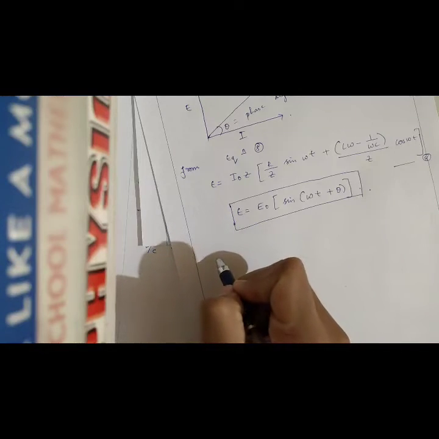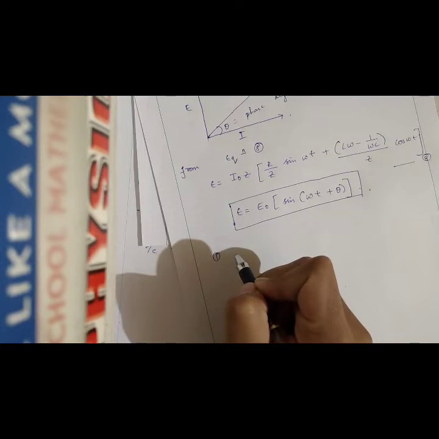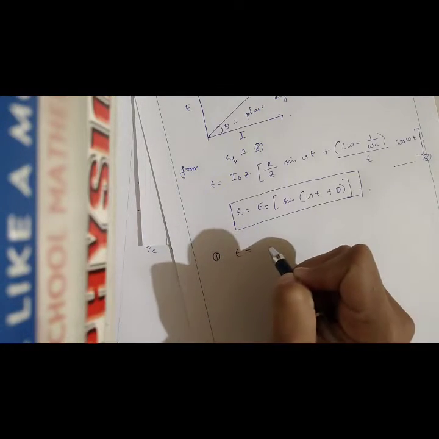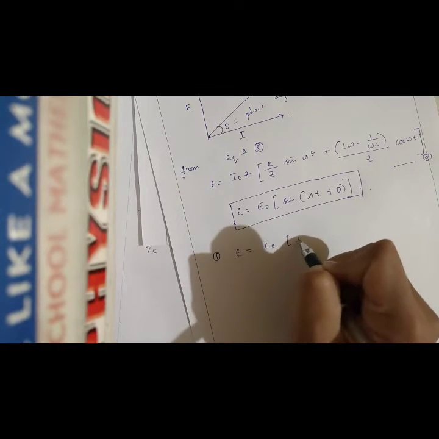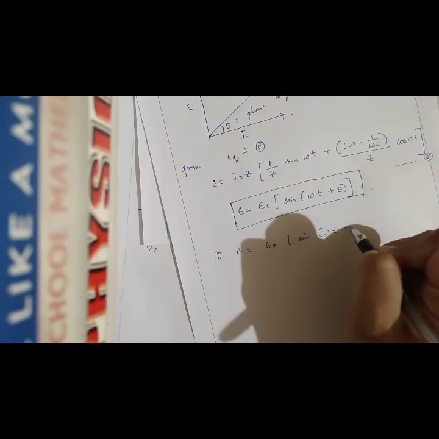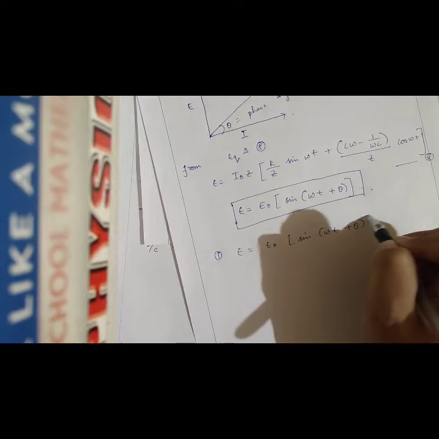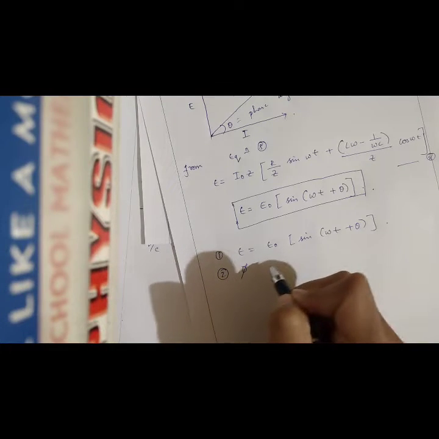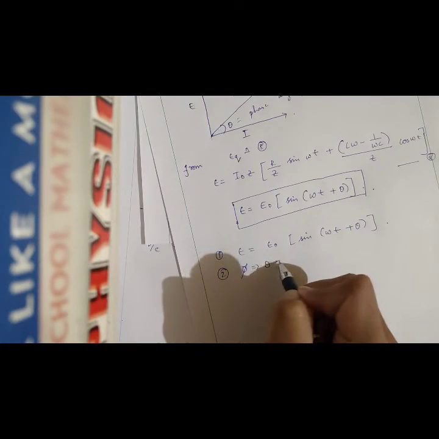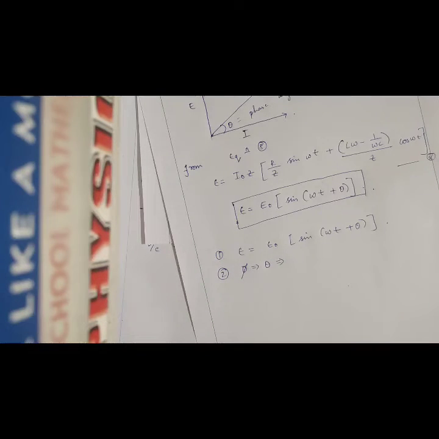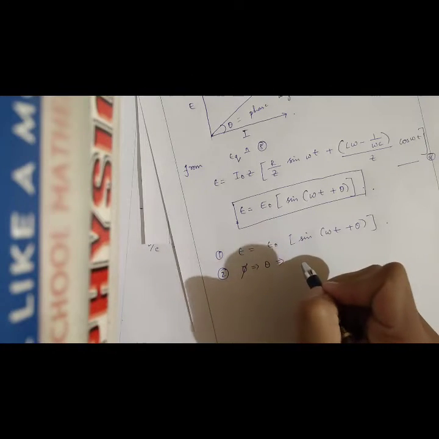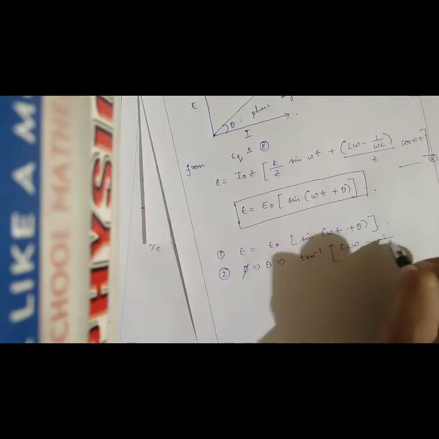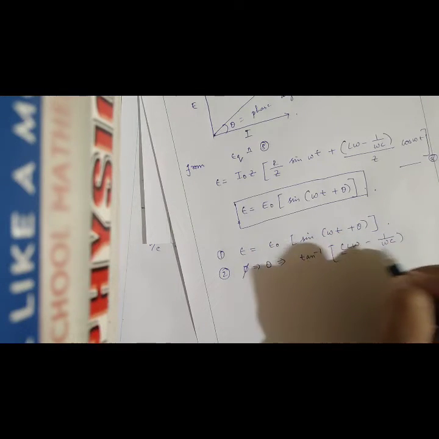Target number 1 was to find the EMF of our LCR circuit, which we found as E equals E naught sin(omega t plus theta), and our target number 2 was to find the phase angle, that is phi or theta, and we found that one as tan inverse of (L omega minus 1 by omega C) over R.